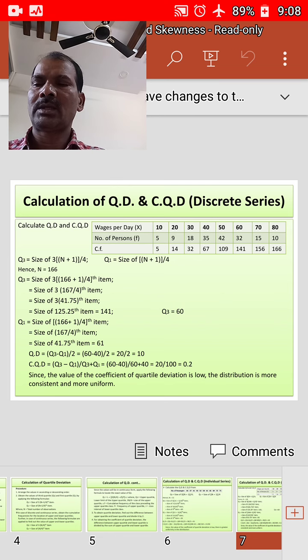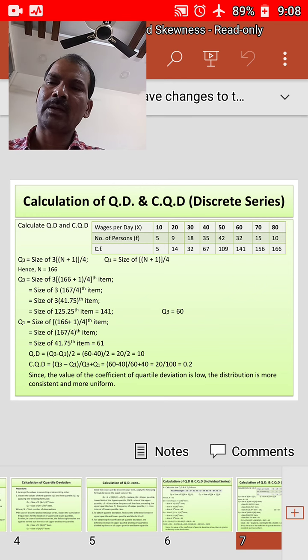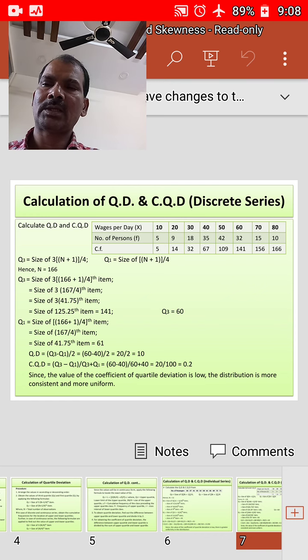The number of items is 15 in both machines, so 15 plus 1 by 4, 16 by 4 is 4, hence 3 into 4 is 12. The 12th item will be 16, that is Q3 in the case of the first machine.